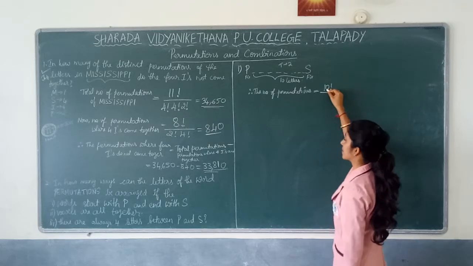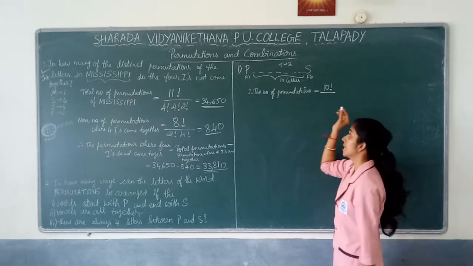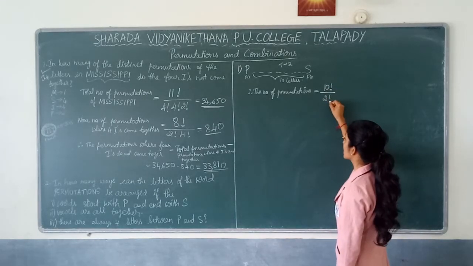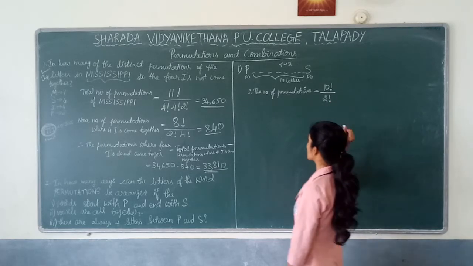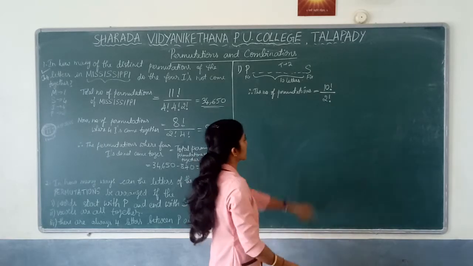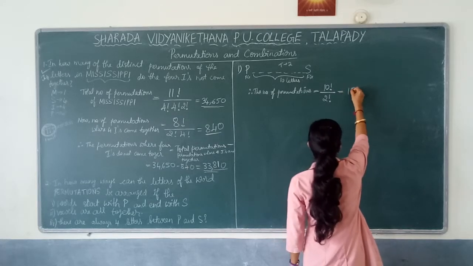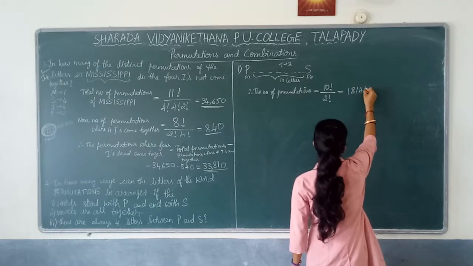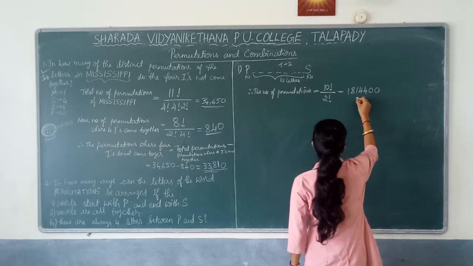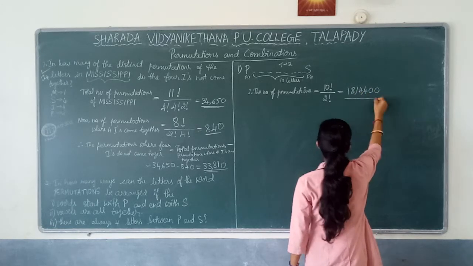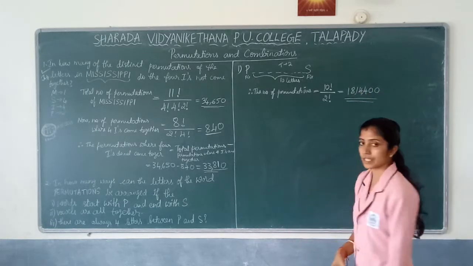So 10 letters can be arranged in 10 factorial ways divided by 2 factorial, because T is repeating 2 times. So 10 factorial divided by 2 factorial is equal to 1814400. Okay. So this is the answer you get for this number of permutations.